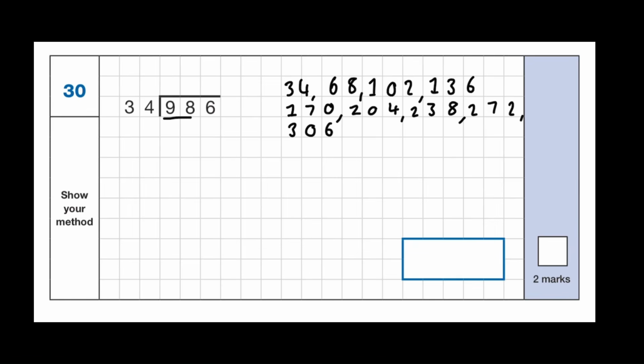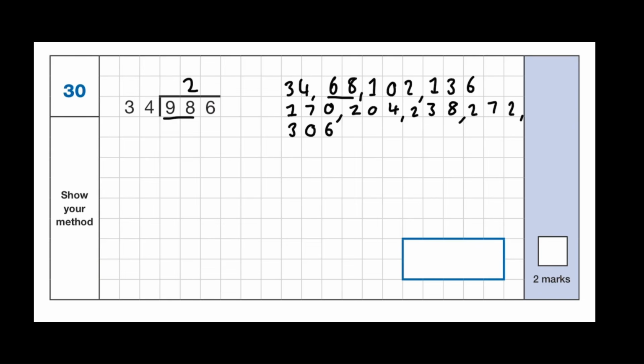I know I can't fit 34 hundreds into 900, so I'm going to think of this as 98 tens. I know I can fit 68 tens into 98 tens, which is 20 lots of 34. So I put 2 in the tens column above, and then I need to minus 68 tens.